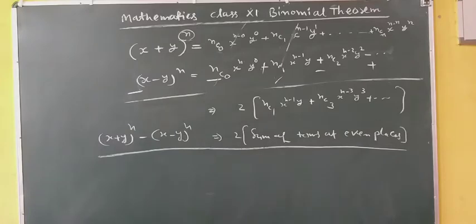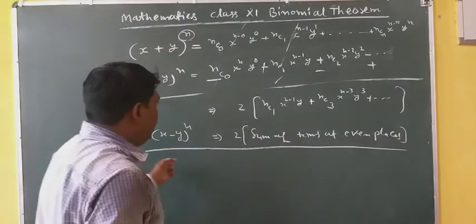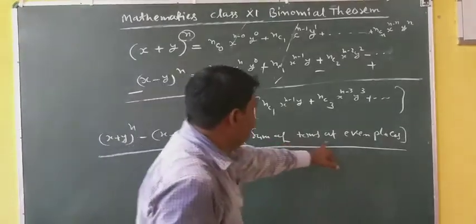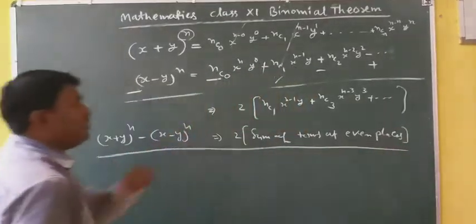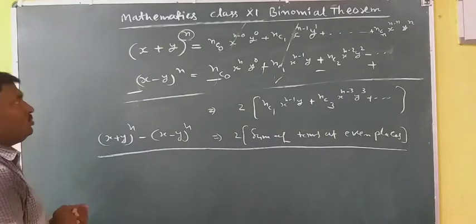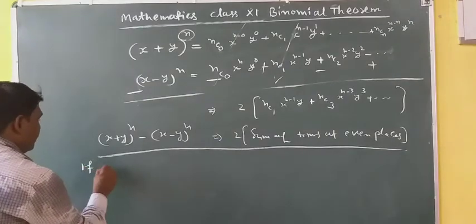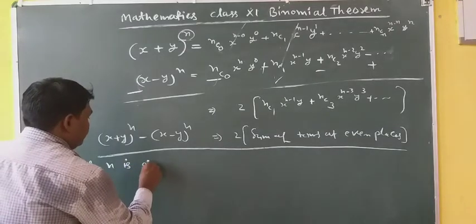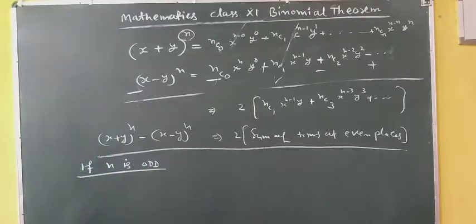Now the important thing is how many terms will be there here in the sum of terms at even places. So if n is odd, then just see.